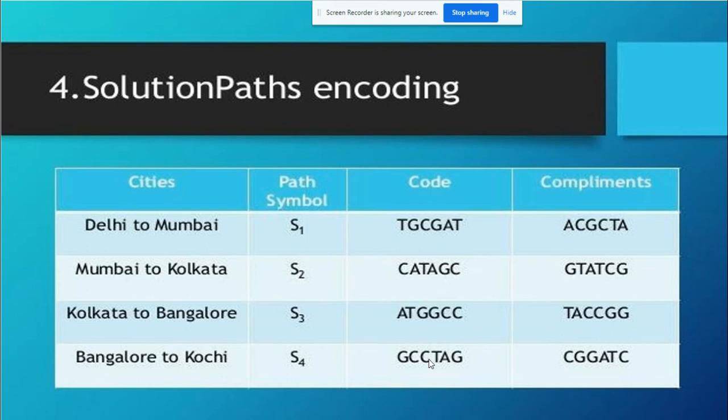The path symbols we have taken are S1, S2, S3, S4 respectively, and their codes we can see on the screen. So let's move forward and compute this DNA computing.